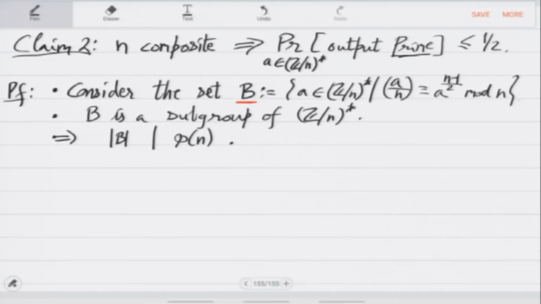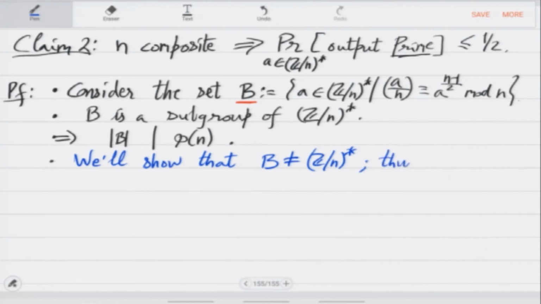So we need to show that B is not the whole set, thus B is less than or equal to phi n by 2.